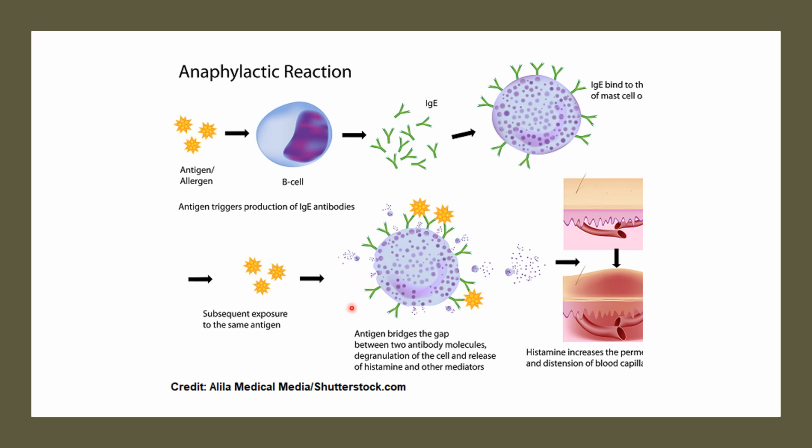This will again trigger the bridging. The antigen bridges the gap between the two antibody molecules, and it will cause the degranulation of the mast cell or the basophil and release histamine and other mediators. After the histamine is released, it will act on different tissues, such as the microcirculation, to increase the permeability and extension of the blood capillaries.